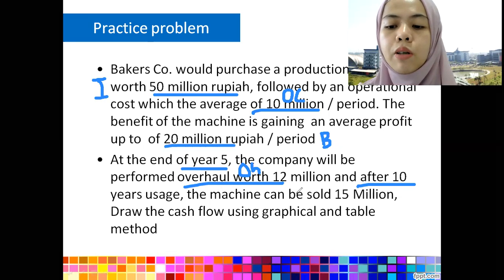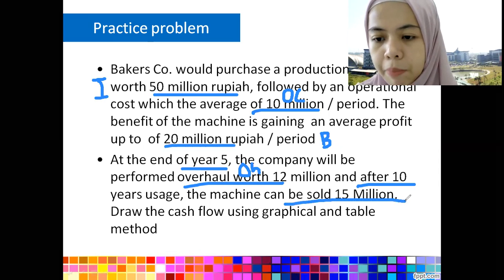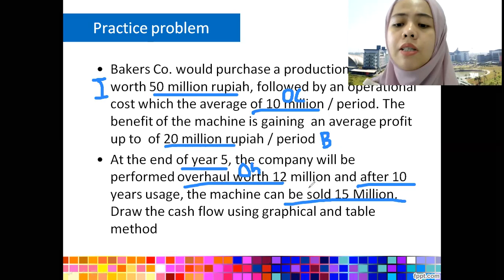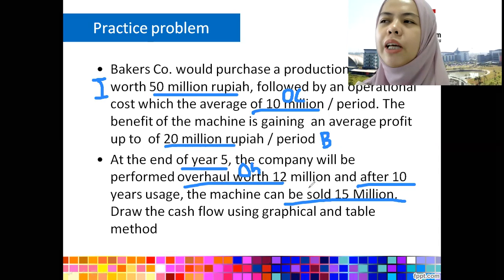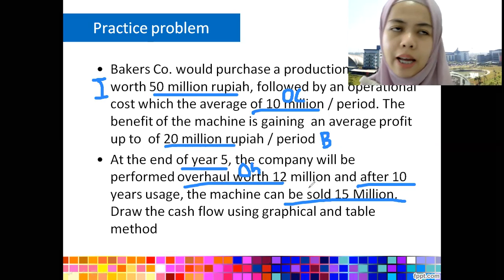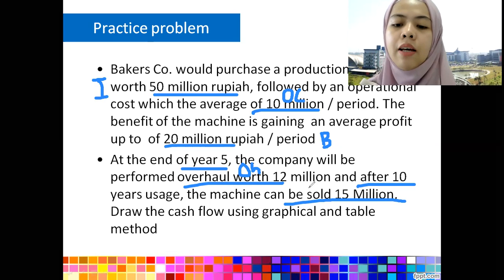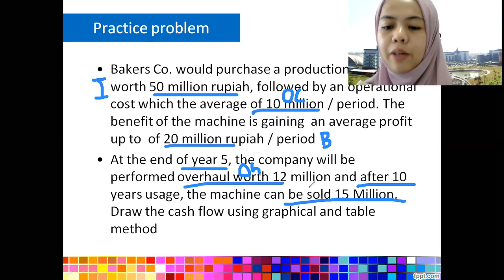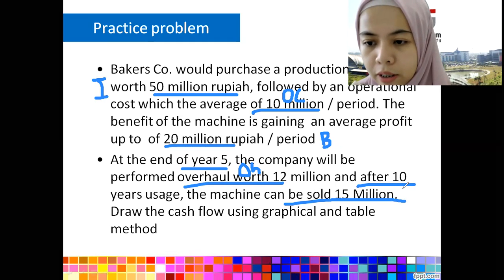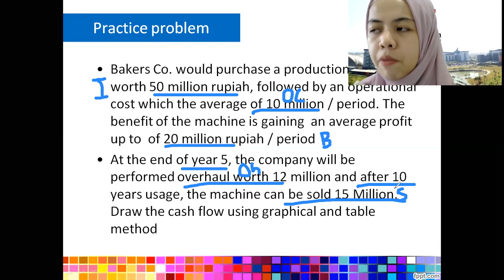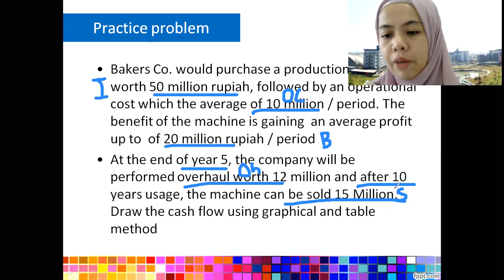The machine can be sold again for 50 million. So it means the salvage value. The machine can be sold again, our asset that is already used and we want to resell it to the market. It's just like the salvage value. Now you can put an S. The other name for salvage value is the residual value.